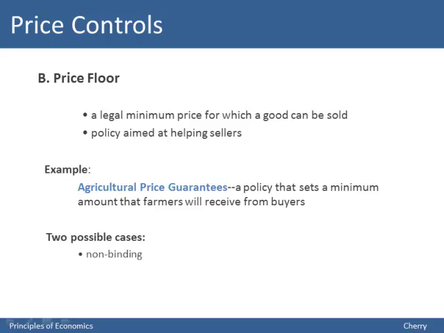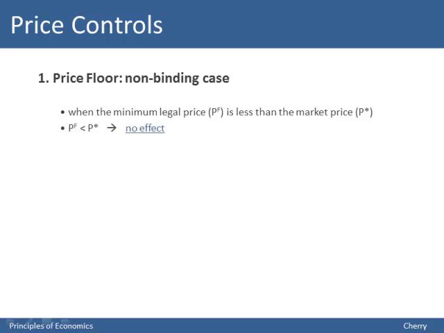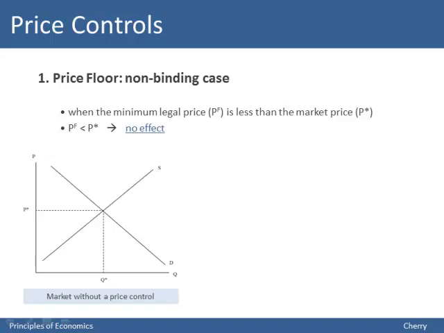Again, there are two possible cases, a non-binding case and a binding case. We'll start with the non-binding case. This is when the minimum legal price is less than the market price. If the minimum price is less than the market price, it's not going to have any effect on the market price. So let's first look at the market without a price control as the baseline.